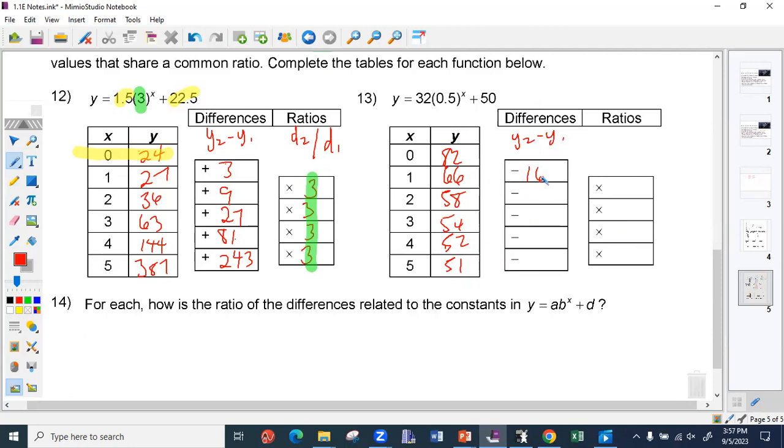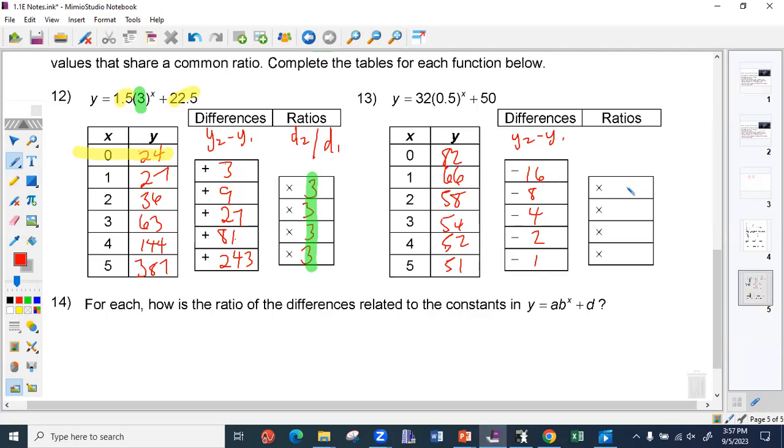You know how I already put your negative there for you? 58 minus 66, negative 8. 54 minus 58, negative 4. 52 minus 54, negative 2. 51 minus 52, negative 1.